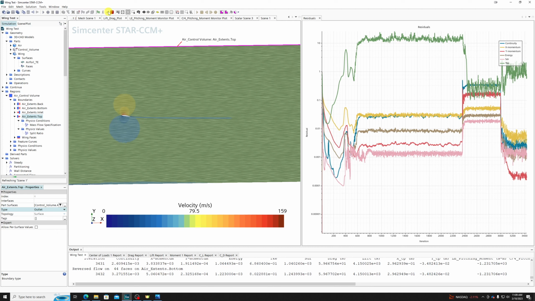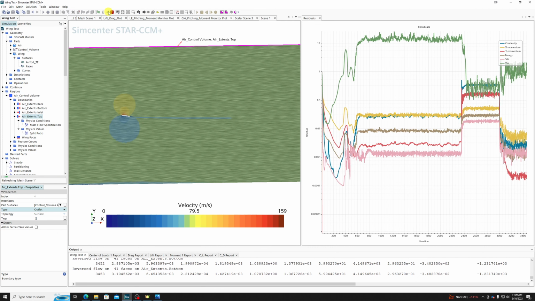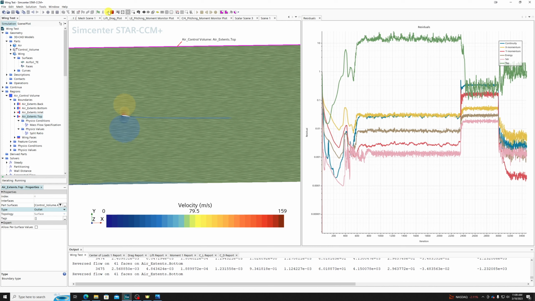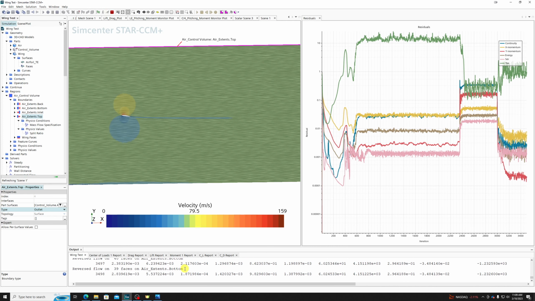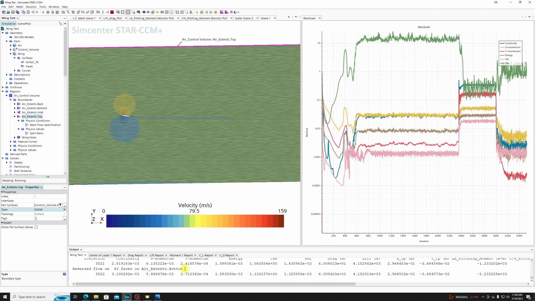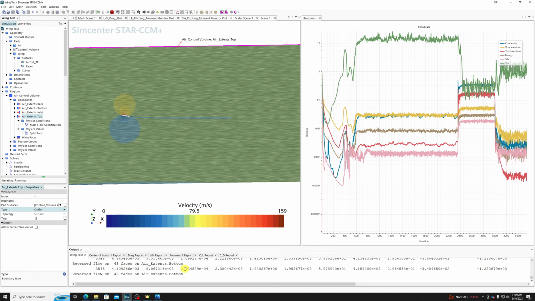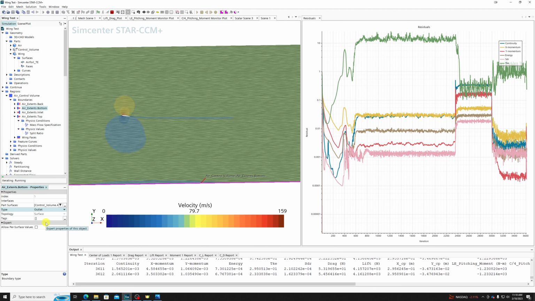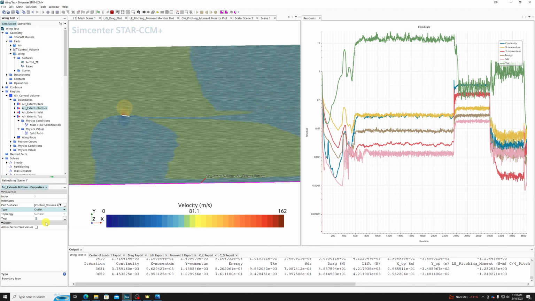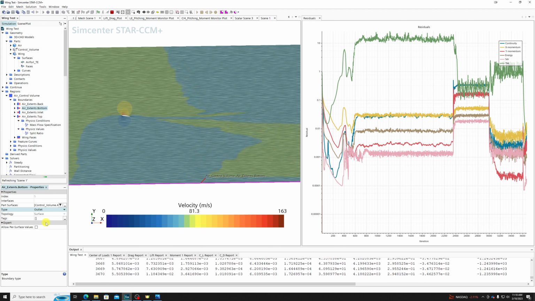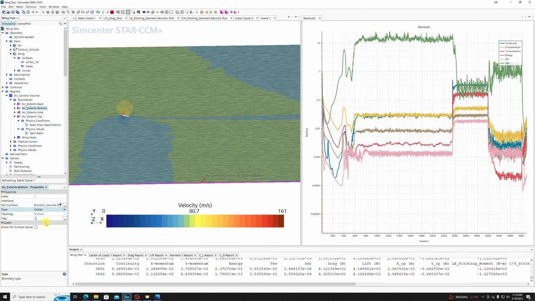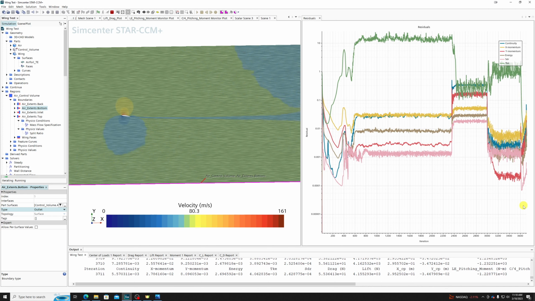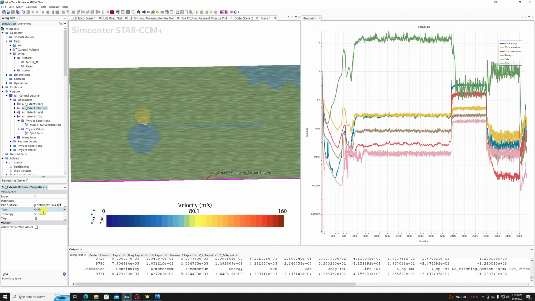Let's just try a regular old outlet and see if that helps. So we can see that pretty much where all this turbulent kinetic energy part was coming from was the upper and lower surface here.